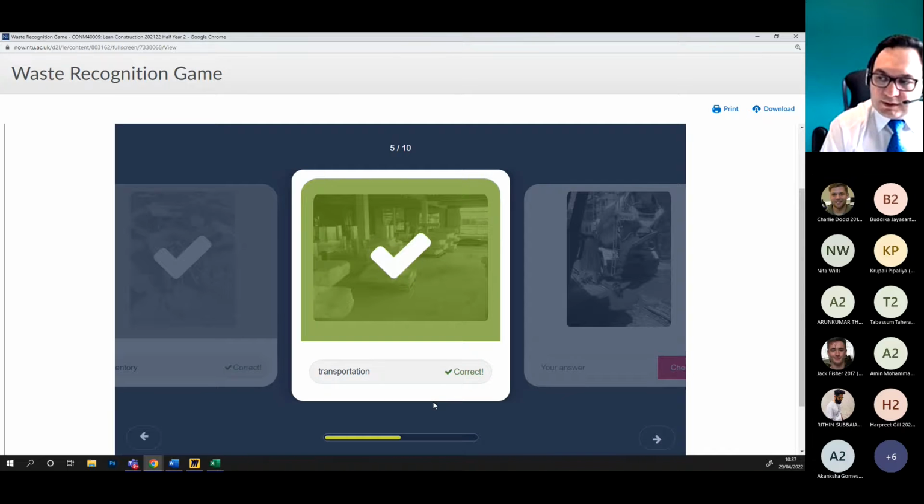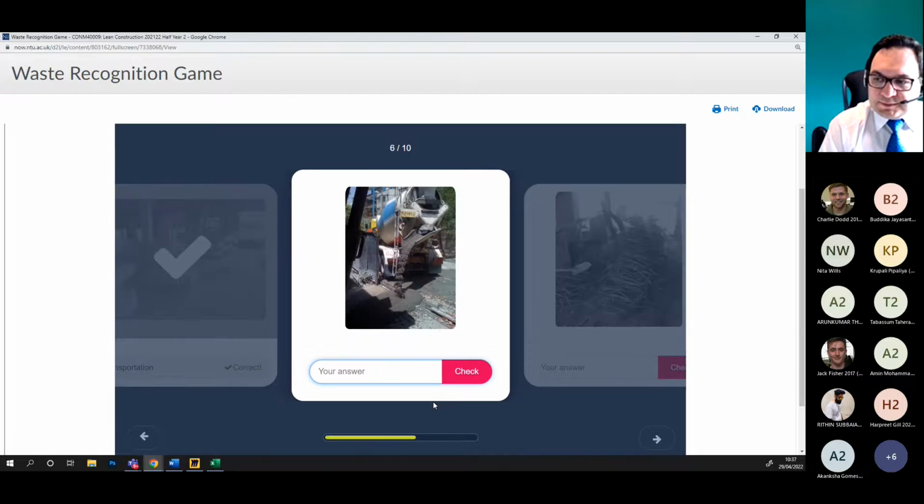Correct. Thank you. So next picture, this mixer, we have concrete, and we have ordered extra concrete. So they're just pouring concrete out of the site because they don't know what to do with it. So just put it outside the site so somebody takes it later.